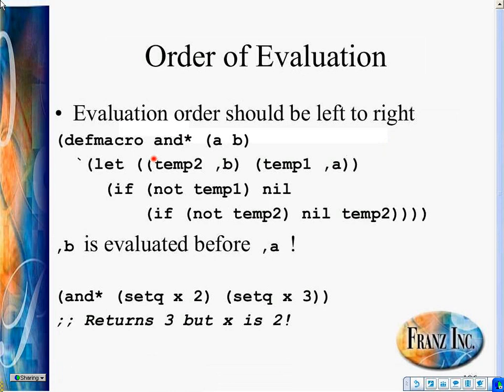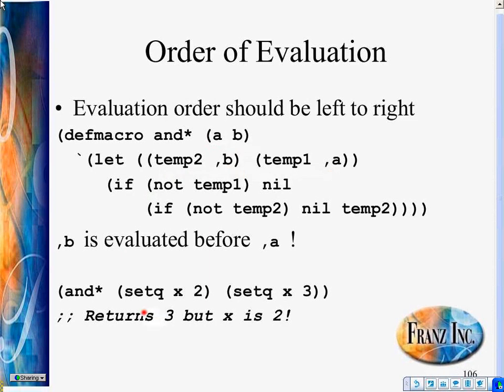Another important thing, a slightly more subtle problem, is the order of evaluation. Within Lisp, you are guaranteed to evaluate calls to operators left to right. And in this case, it's evaluating the second argument first, and then the first argument. The point that you have to remember is that forms are valid arguments to operators, and they may have side effects.